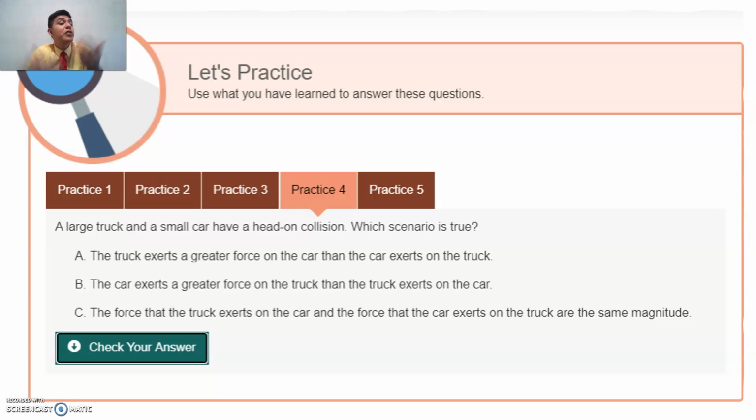So when both vehicles collide, they are going to apply the same force to each other, right? Because remember, whenever a force or an action is applied, equally an opposite force is applied to the same object.